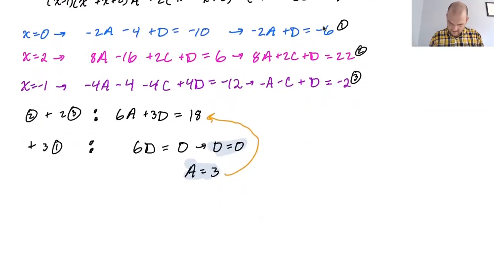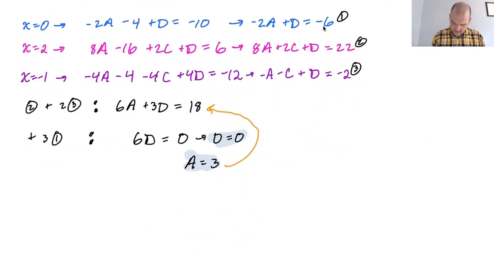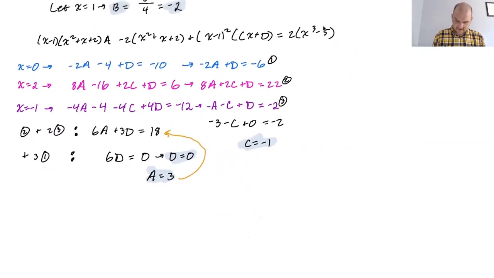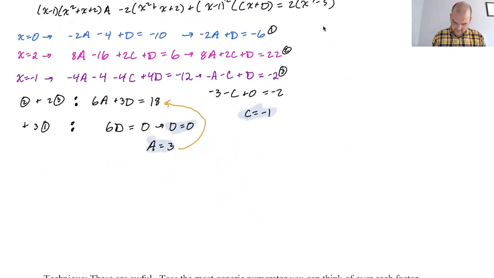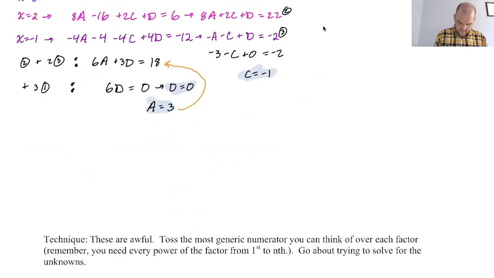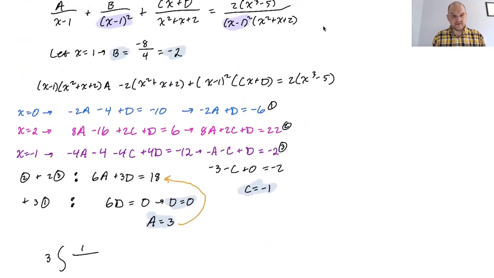Now I think I can use any of them to get c. So from here, I would have negative 3 minus c plus 0 equals negative 2. Add 3, that gives you positive 1. So c is negative 1, I think. Okay, so a is 3, so 3 times the integral of 1 over x minus 1.